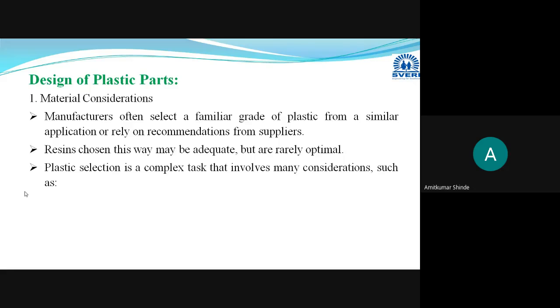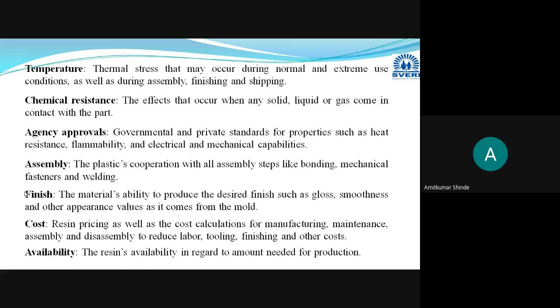Some basic points other than cost, these are some basic points. These two, cost and availability, I have already explained, and these are listed here. Other than cost and availability, some other points like temperature, chemical resistance, agency approvals, assemblies, finish, you have to take into consideration. Temperature. Whenever you are selecting a material for manufacturing plastic parts, that material will be subjected to particular processing, and it may be subjected to some thermal stresses.